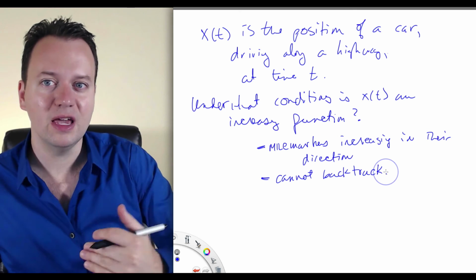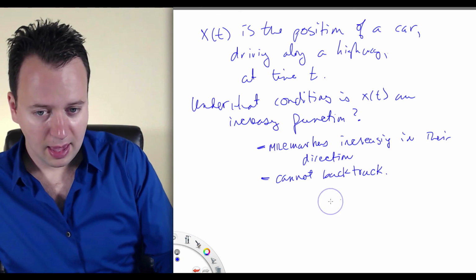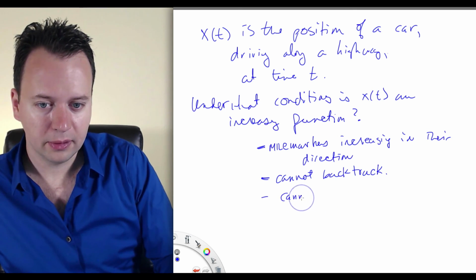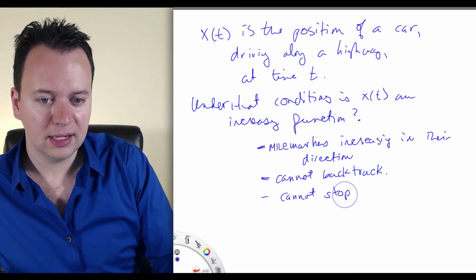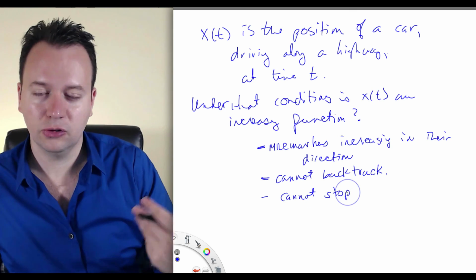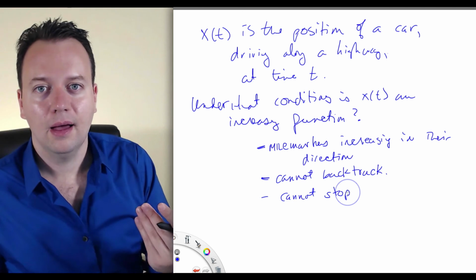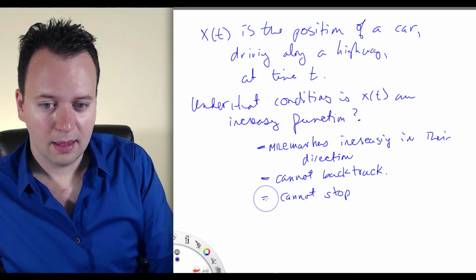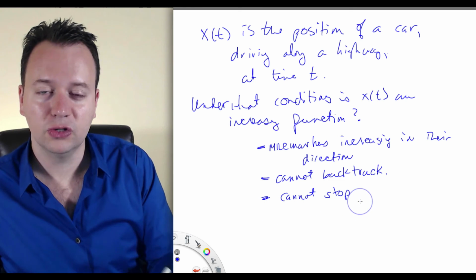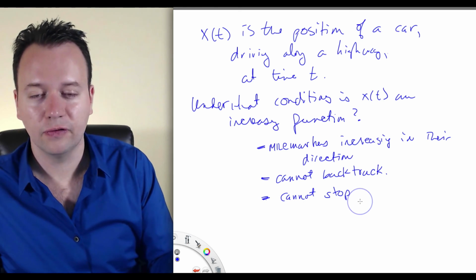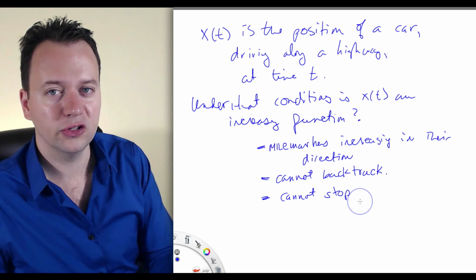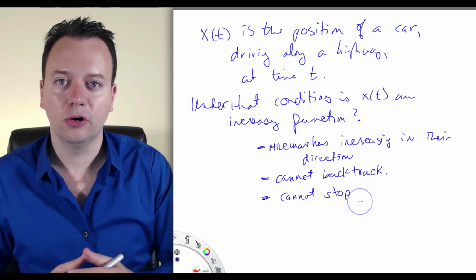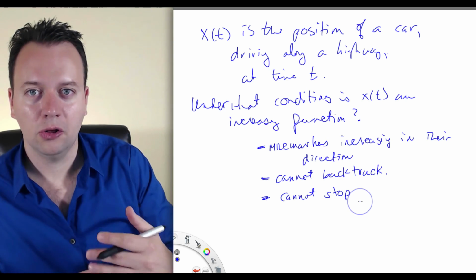Their position would be decreasing instead of increasing. And also they cannot stop. Even aside from going into reverse or turning around and going the other way, which I'd recommend never to do, you cannot stop, because if you stop, it's no longer an increasing function. If they're pulled over by a police officer for speeding and they stop their car, then the function is no longer increasing.